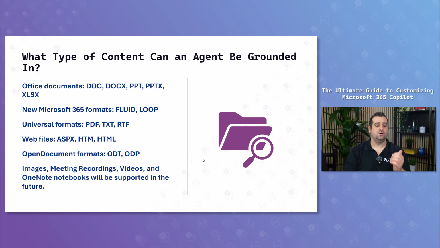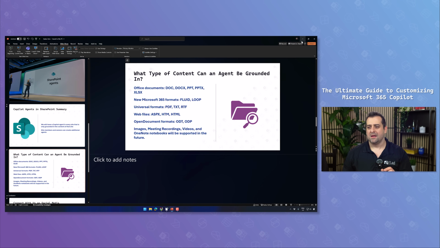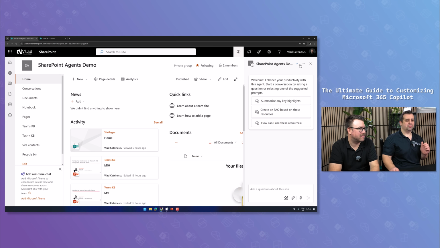Today does not include images, meeting recordings, videos, and OneNote notebooks, but Microsoft said it will be supported in the future. So maybe by the time you watch this video, it will be there, but no lists as of today.